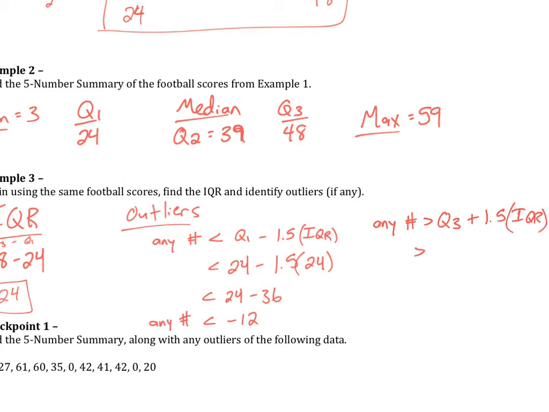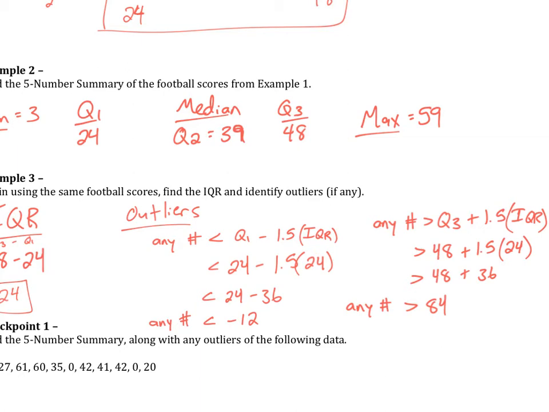So the third quartile is 48. The IQR was 24. So what is 48 plus 1.5 times 24? It'd be 48 plus 36. So 48 plus 36 is 84. So any number greater than 84.